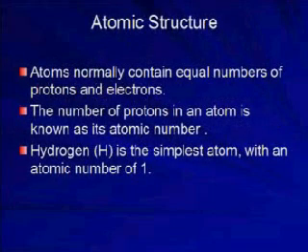Atomic structure. Atoms normally contain equal numbers of protons and electrons. The number of protons in an atom is known as the atomic number. Hydrogen, designated by the capital letter H, is the simplest atom, with an atomic number of 1.